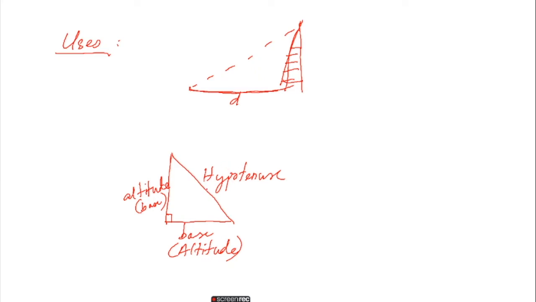Hypotenuse is fixed, permanent, and that is the longest side in a right angled triangle. How to identify it? It is the side opposite to the 90 degree angle. You know, 90 degree is the largest angle in a right angled triangle. So the side opposite to the largest angle will be the largest side. So these two angles are always below 90 degree, or we can say they are acute angles.